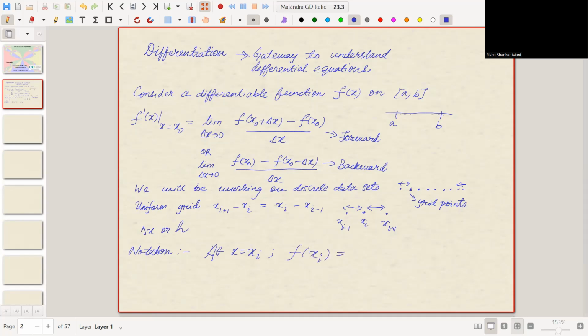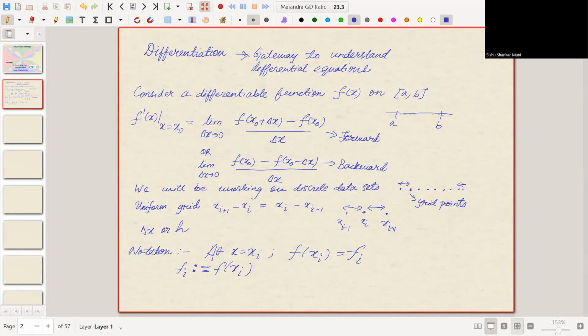And for simplicity I will denote that as f_i. This is just a notation. When I am defining something, I don't use just equals to; I use this defined-as equals, f_i defined as f of x_i, which says that it is defined.